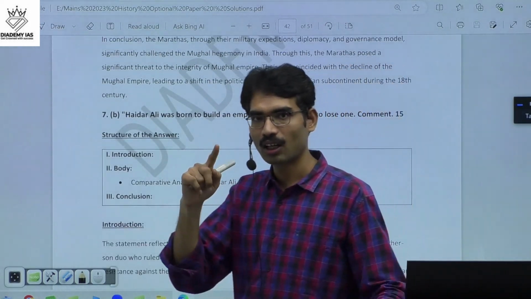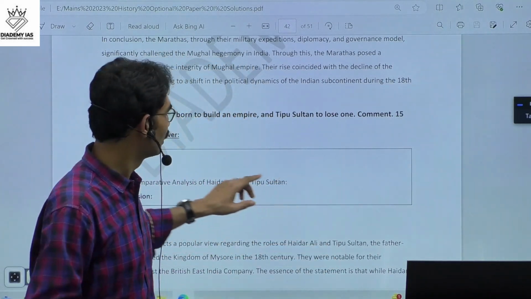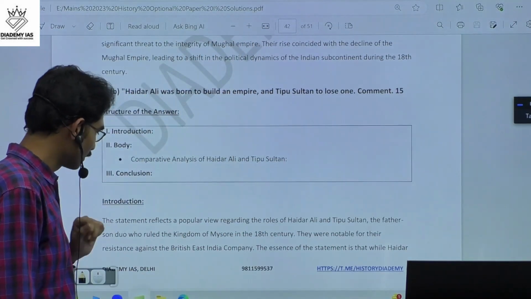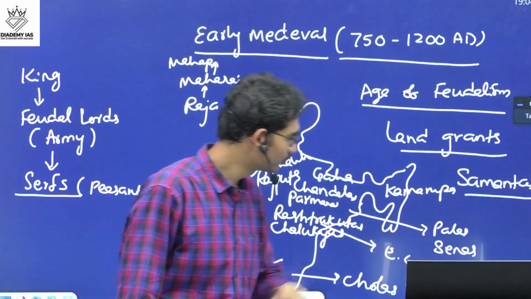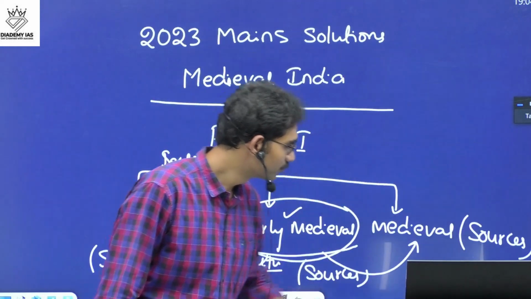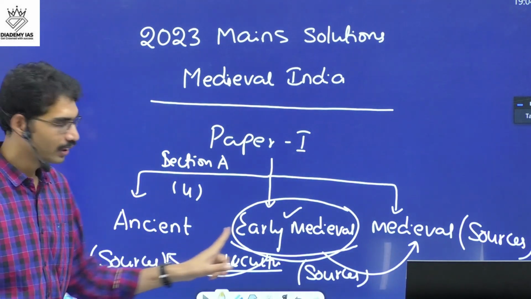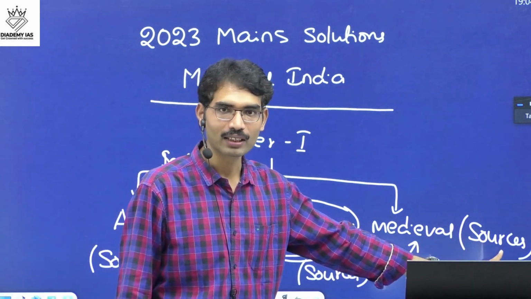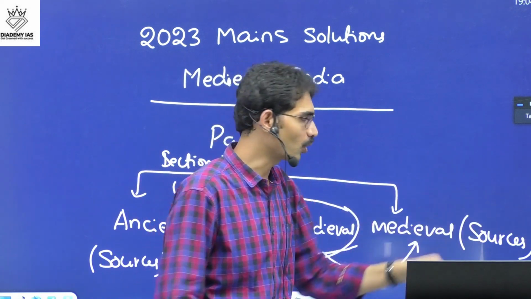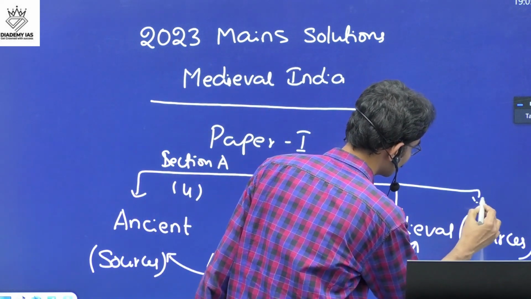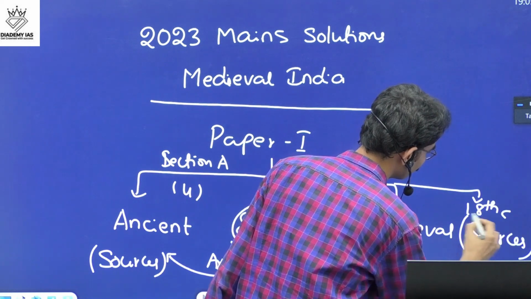7b. Now, this is one area: ancient, early medieval, medieval. Now there is a transition period from medieval to modern, that is the 18th century.